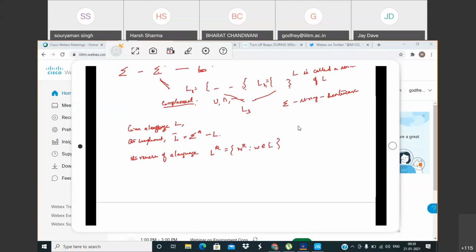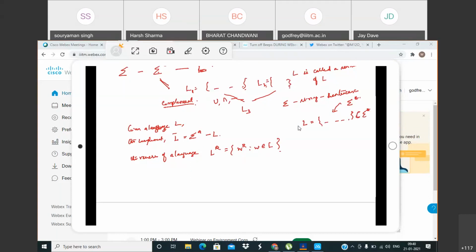My language is a set of strings, so it is going to be a subset of sigma star.